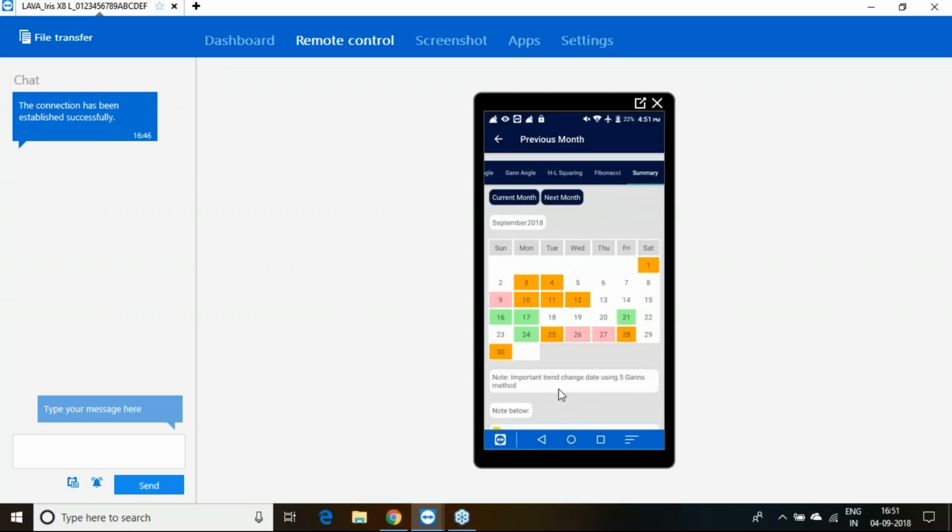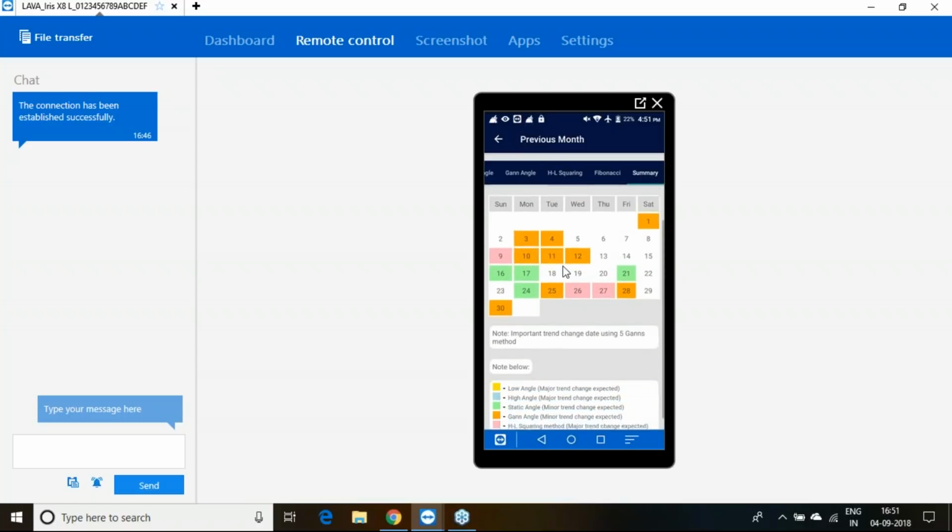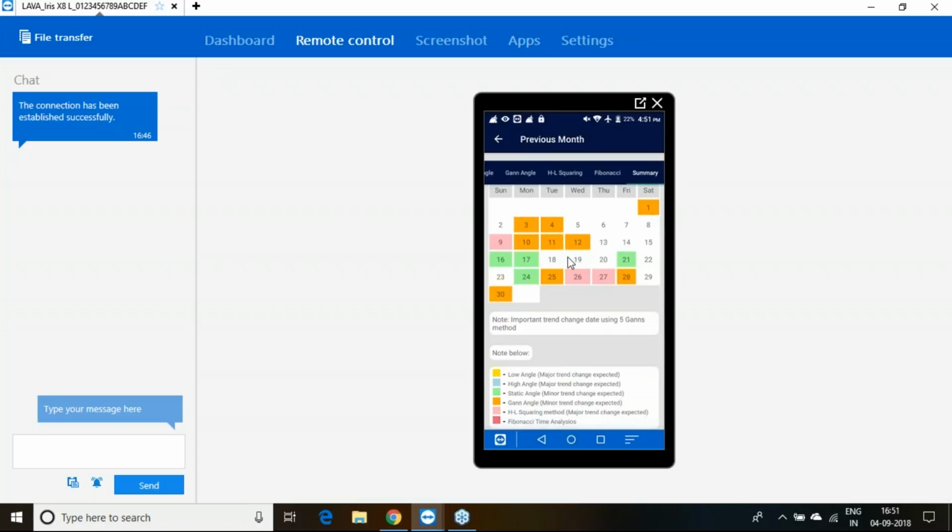In the same way, we have given one summary section here, which shows which days are critical for this Reliance stock by taking the previous month data as the reference, which days are the major trend change dates and which are the minor trend change dates.